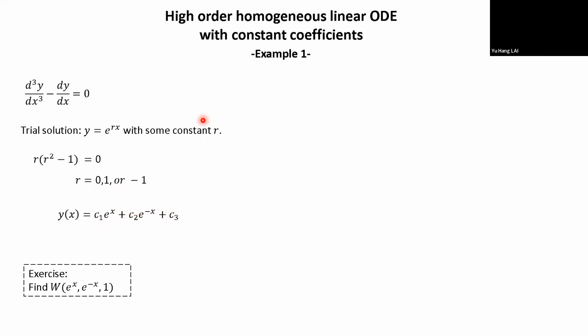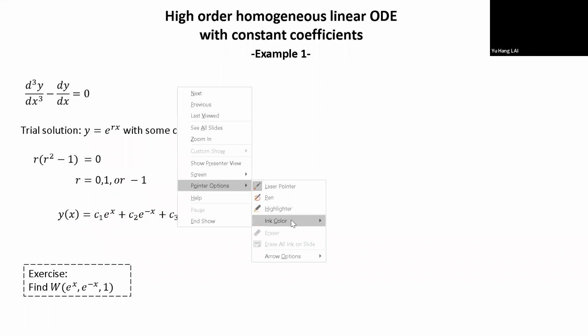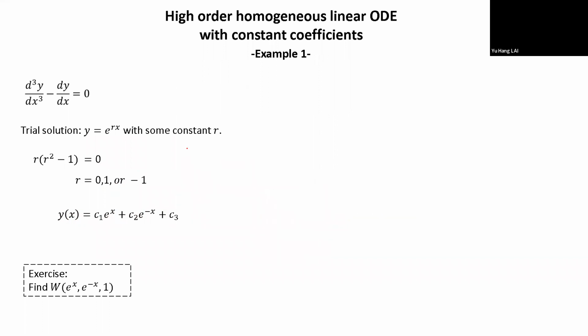Of course, this one is not really a real third order differential equation if you look at it, because if you just let u equals dy/dx, you could basically say that this equation is the same as d squared u/dx squared minus u equals 0.